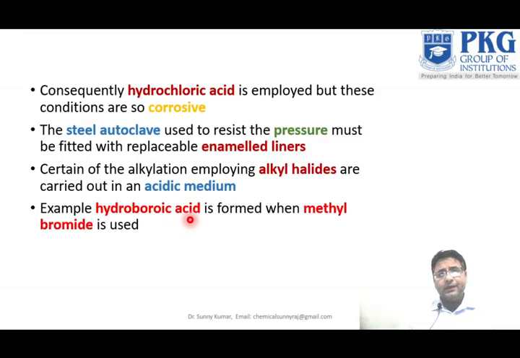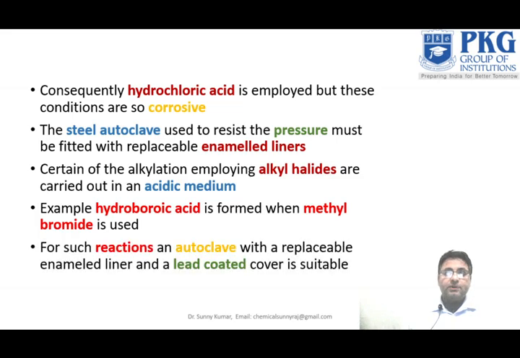Example, hydrobromic acid is formed when methyl bromide is used. So these are also very important; these are the acidic mediums. For such reactions, an autoclave with a replaceable enamel liner and a lead-coated cover is suitable.